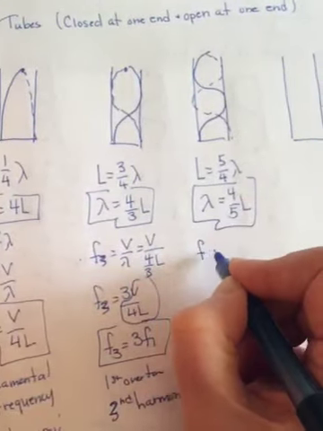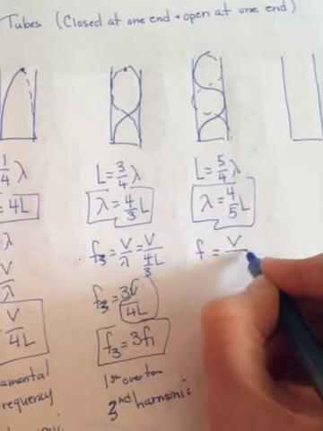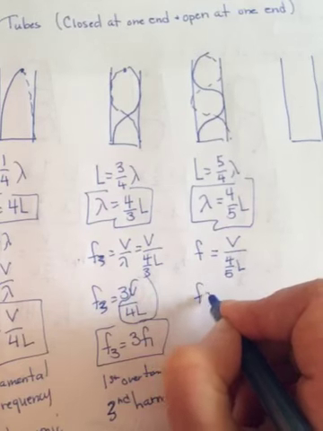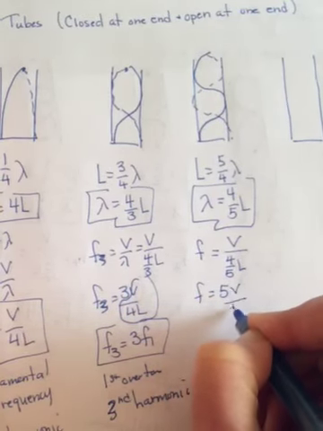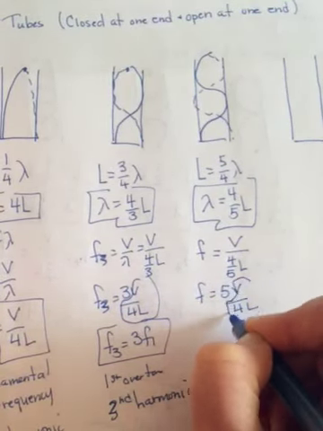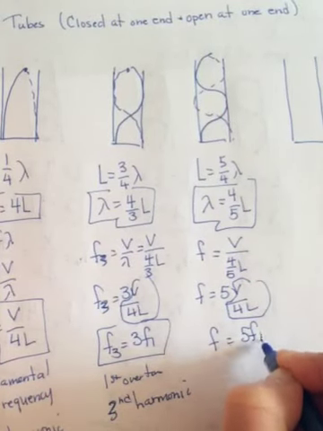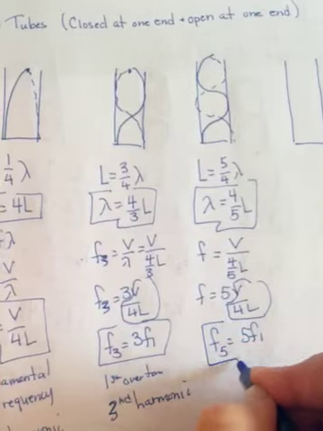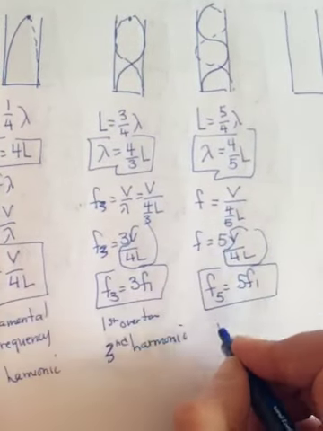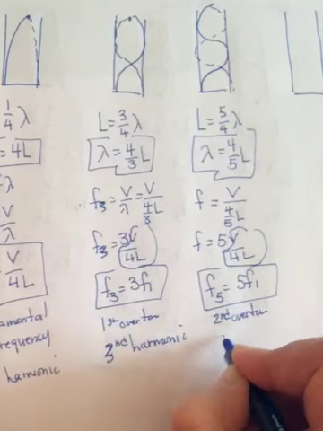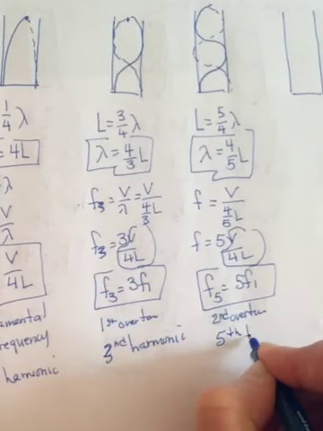Which means this F is going to be V over 4 over 5L, or 5V over 4L. There's the V over 4L again. This F is 5 times F1. It's F5. It is the second overtone, the fifth harmonic.